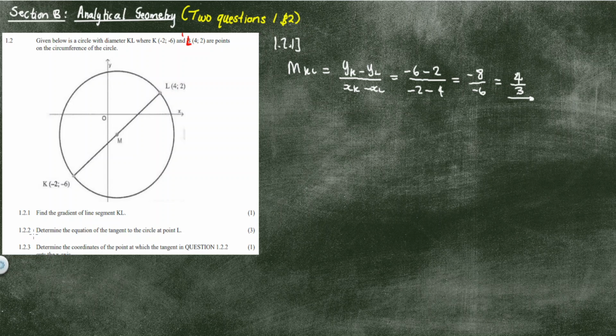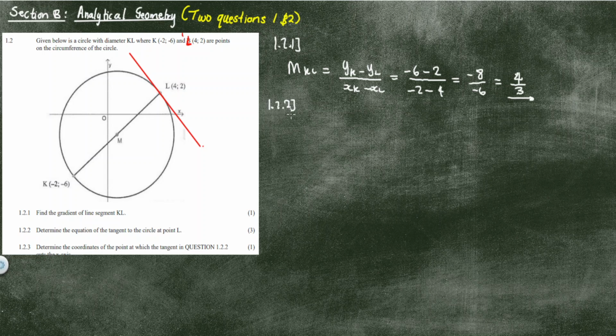Then 1.2.2, determine the equation of the tangent to the circle at L. Maybe you can just draw a line like this, just to show the tangent. So we have to find the equation for this tangent. As I've explained before, you need two things whenever finding an equation for a line: a gradient and a point.